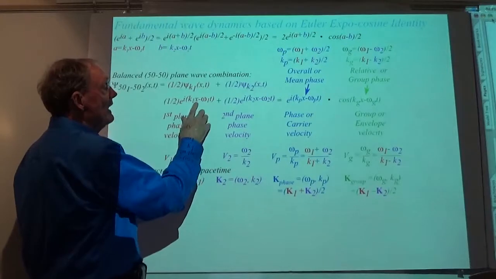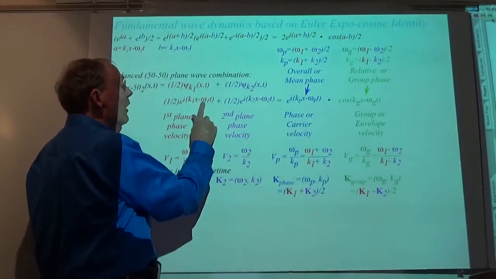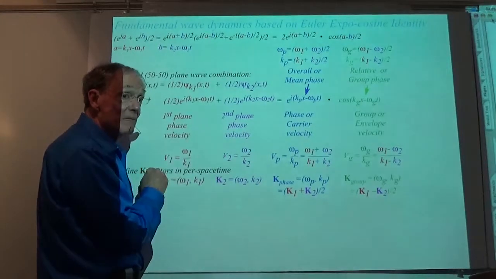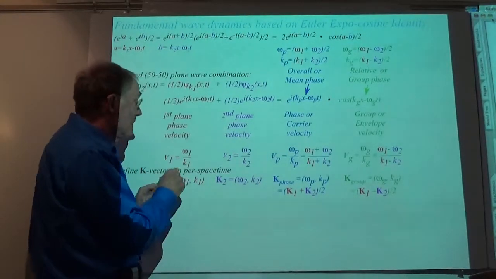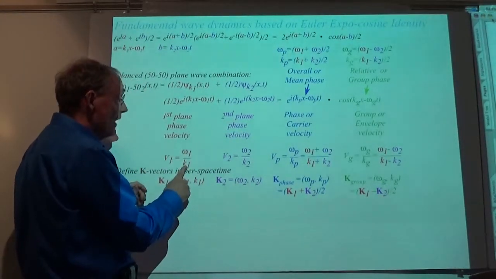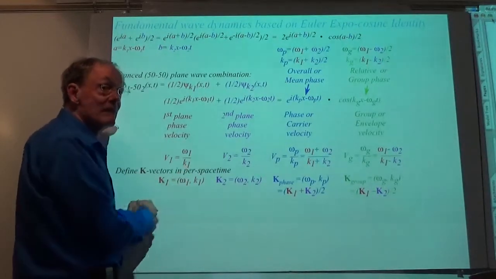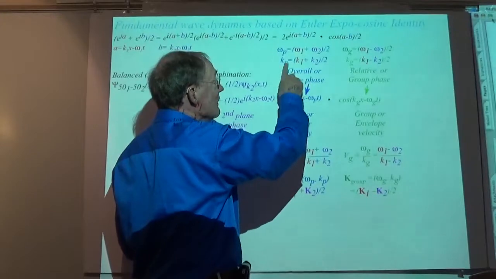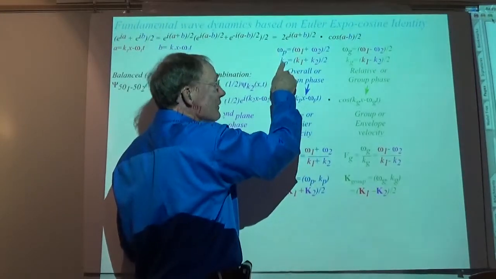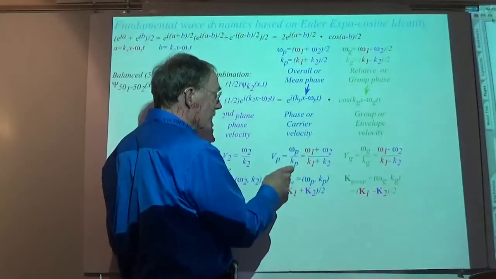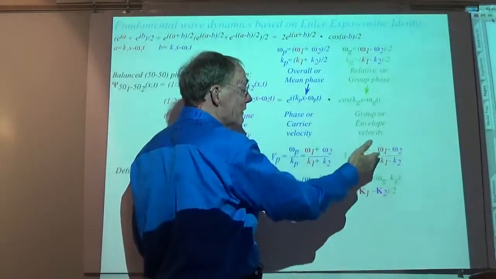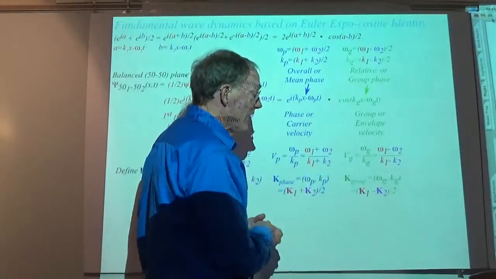Well, that's given by x equals omega 1t divided by k1, right? Namely this is the coefficient of time. Well, I do the same thing with each of these right here. I take the ratio of this to this. That gives me this velocity, which we call the phase velocity. And this is the group velocity, which is that.